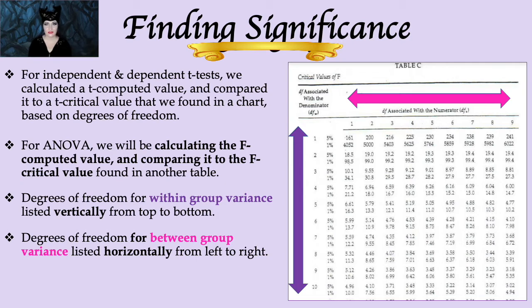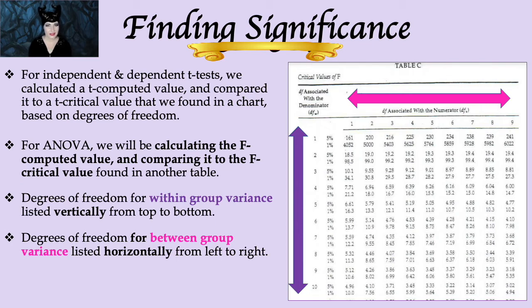So now we need to find 2 different degrees of freedom and see where they align in order to find our critical F value. You can also see that you have 2 rows of numbers for each line. You have 5% and you have 1%. These percentages correspond to your alpha level.